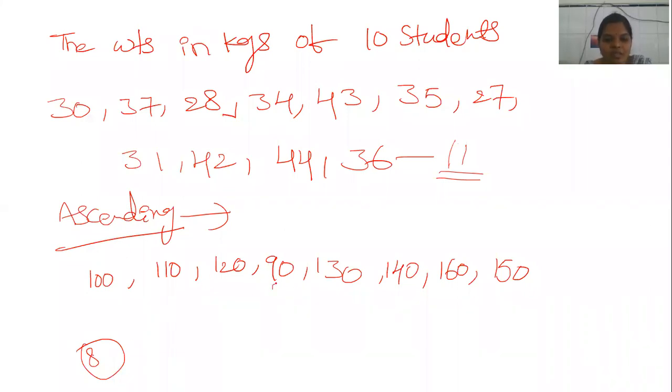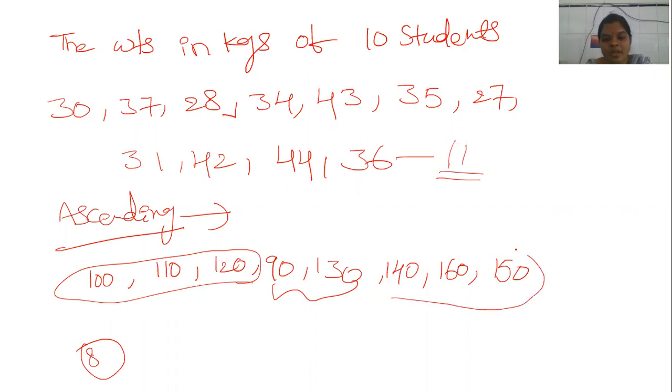So we take the average of the middle numbers for calculating the median. On the left side we have 3 numbers, on the right side we have 3 numbers. We leave these equal numbers on the left and right side and just consider the middle numbers for calculating the median.